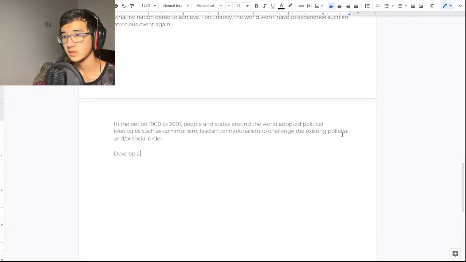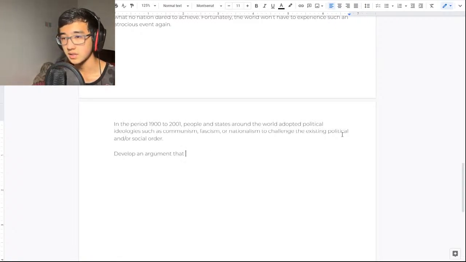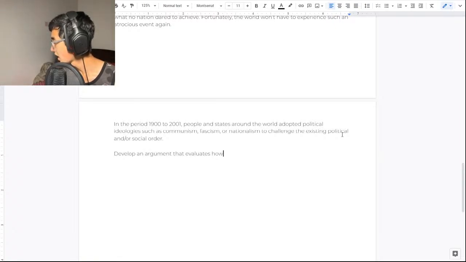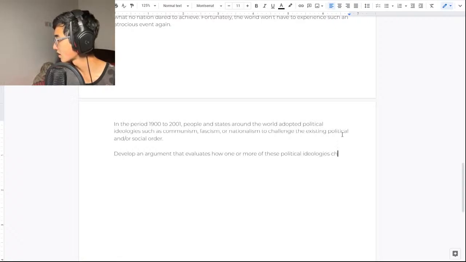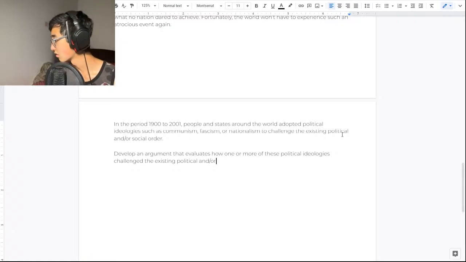Develop, and okay, this is important, develop an argument that evaluates how one or more of these political ideologies challenge the existing political and slash or social order.